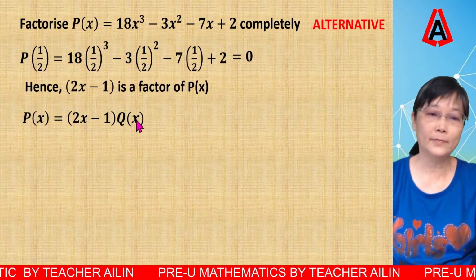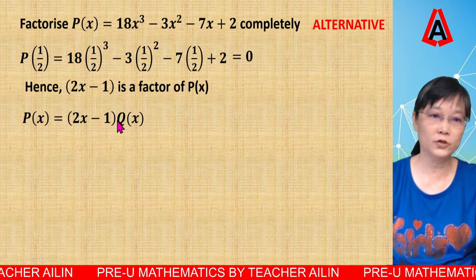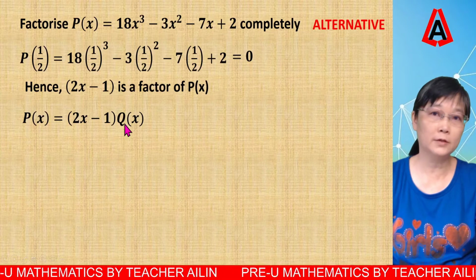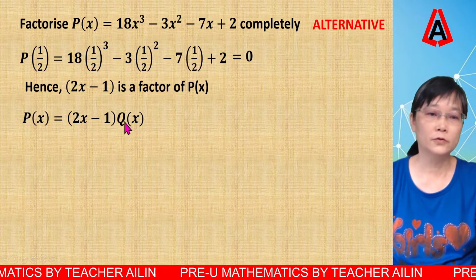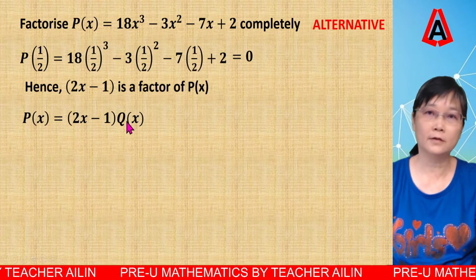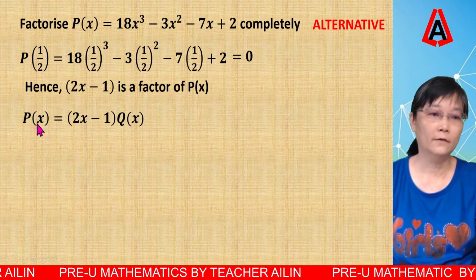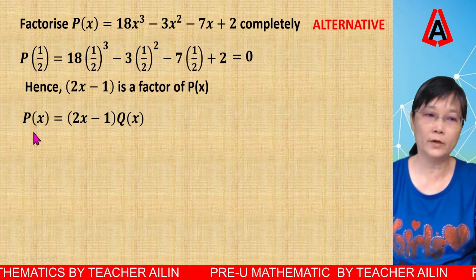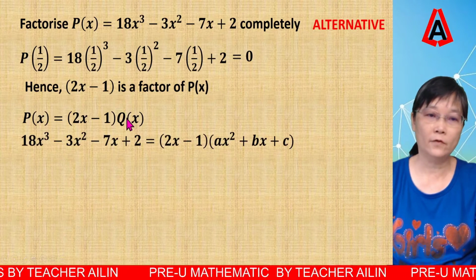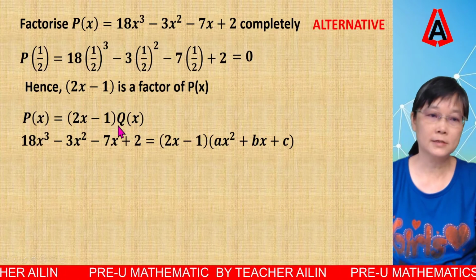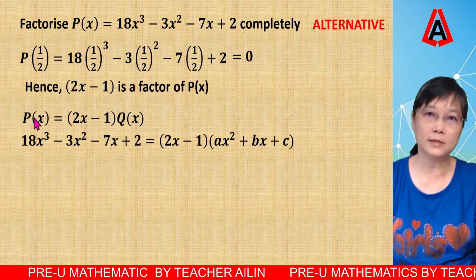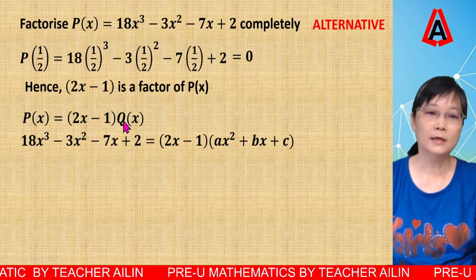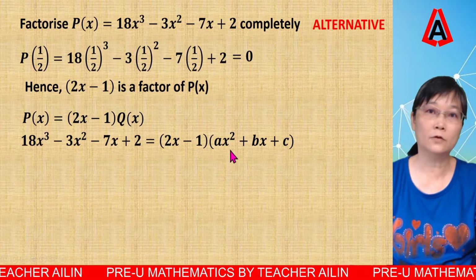Actually, we have another method to find the quotient of this polynomial. That is, I can use equating the coefficients. To use equating coefficients to find the quotient here, first I'm going to list out all the terms of polynomial p(x). And for the quotient, since the polynomial is of degree 3 and the divisor is linear, the quotient will be a quadratic.